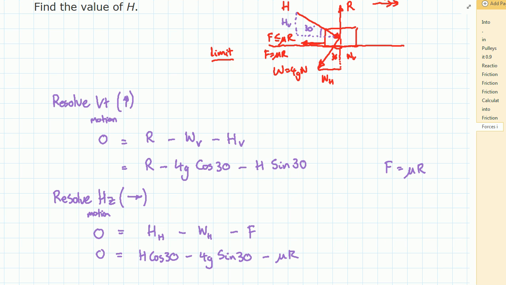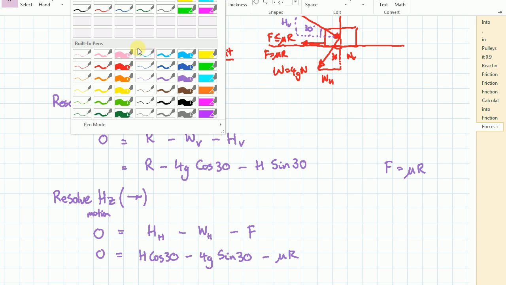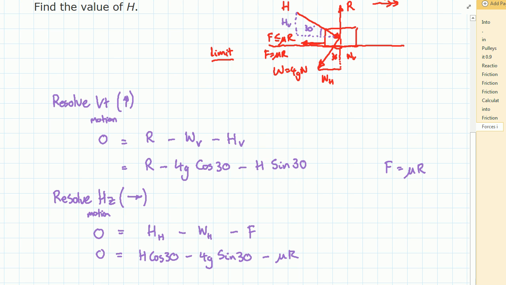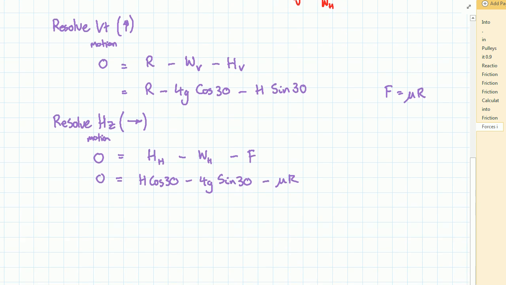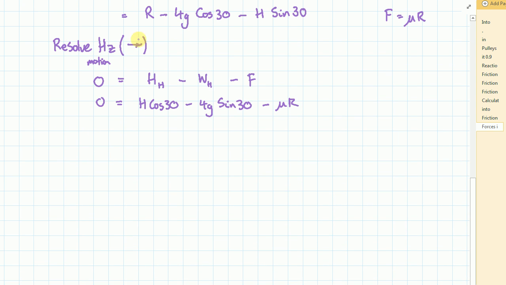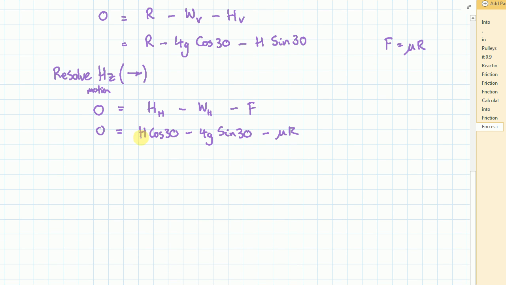So make the two things equal, because they're equal to 0.